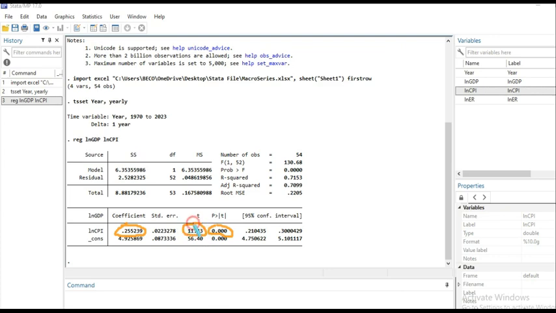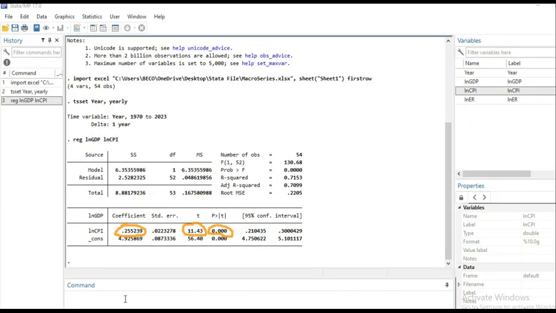That is more than enough to conclude that the estimated coefficient is statistically significant. The calculated probability value is much lower than the conventional 5%, and the calculated T value is much higher. That is the evidence of a significant relationship between the two variables.